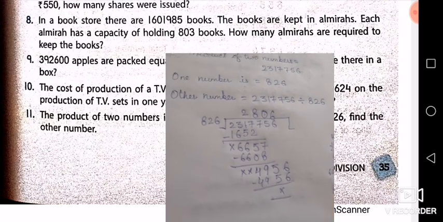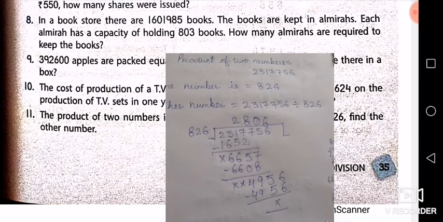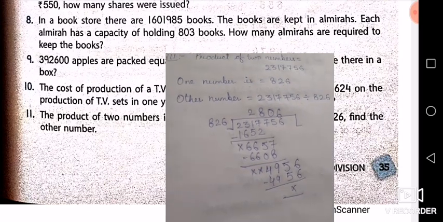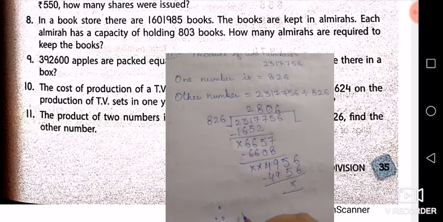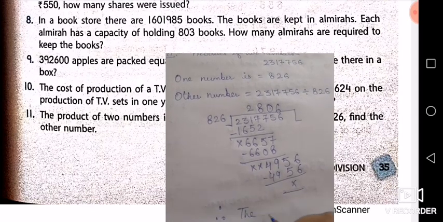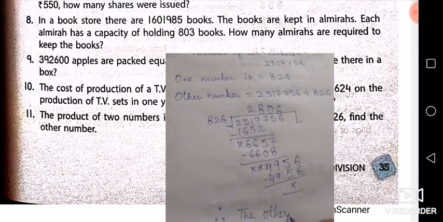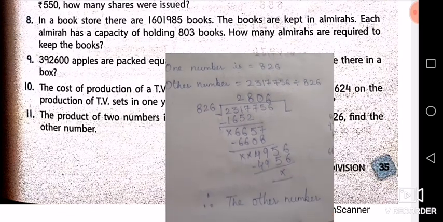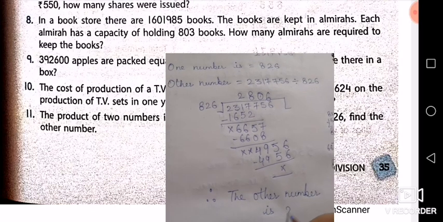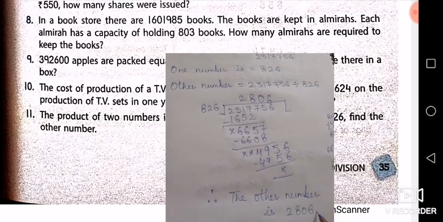What is the other number, can you find it here? Yes, the quotient is 2806, and as I told you just now, you can write the other number is 2806.